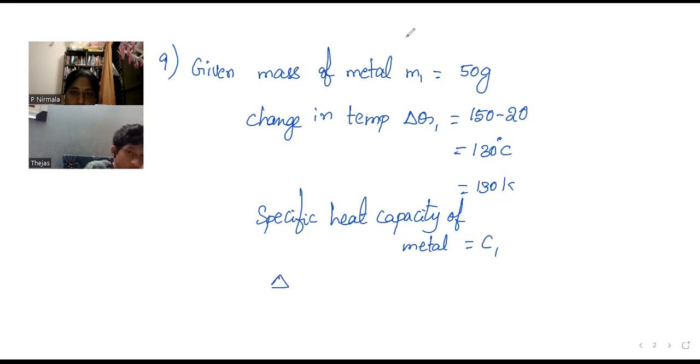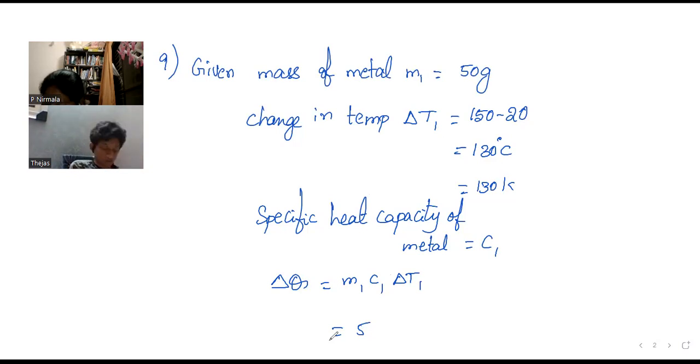Oh, I have written delta T instead of delta Q. Delta T1. So delta Q equals M1 C1 delta T1. 50 is in grams, do we have to convert? No need. They gave the specific heat of water also in grams only.